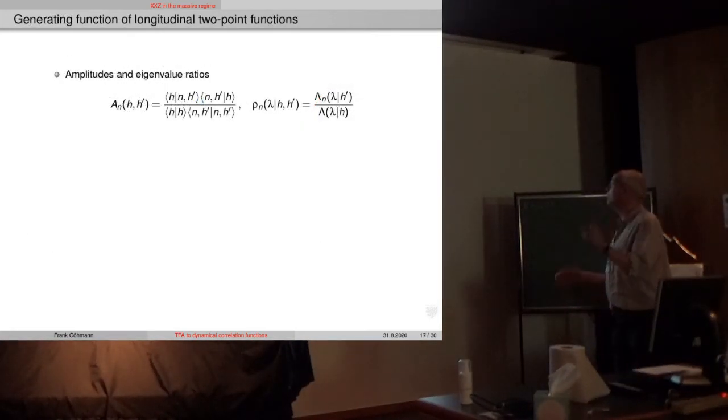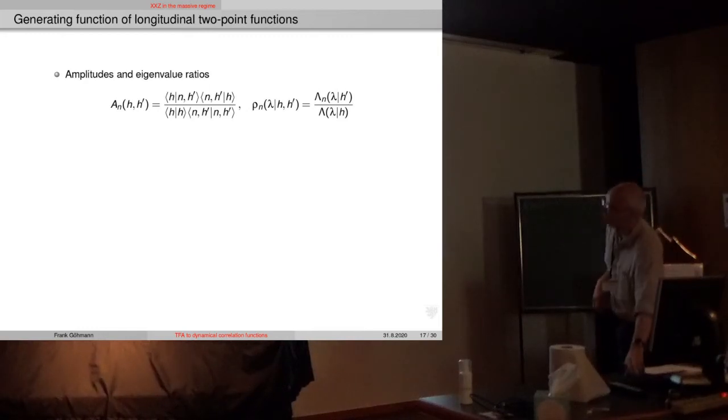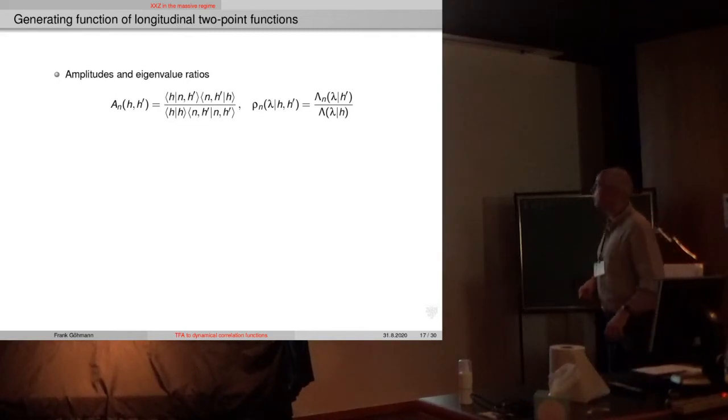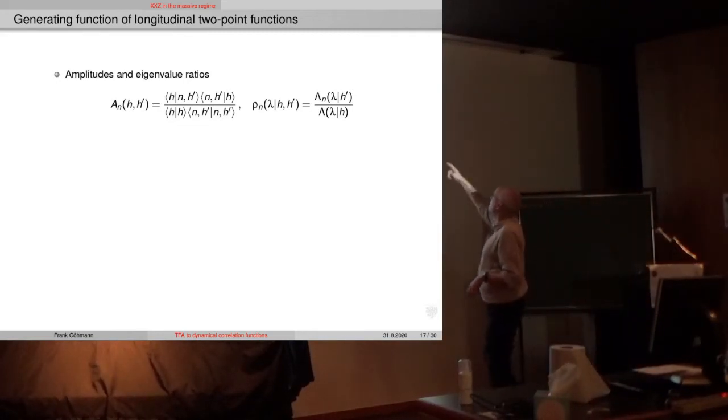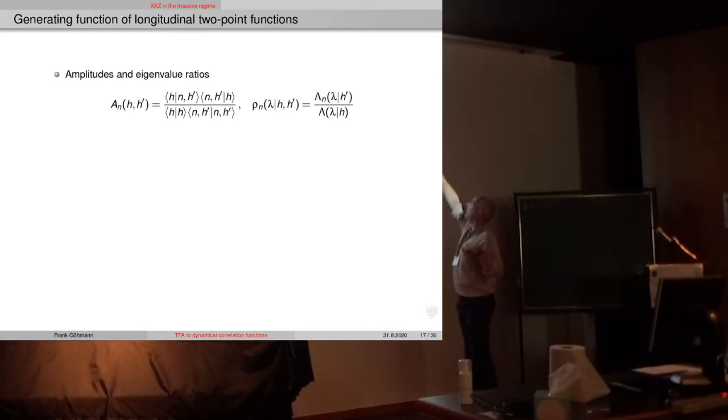So first of all, this is still preliminary. So instead of looking directly at the two-point functions, we look at the generating function, which is a bit simpler. So let us define, and I changed the notation in order to confuse you. The eigenvalue ratio of the excited state by the dominant state I call rho.